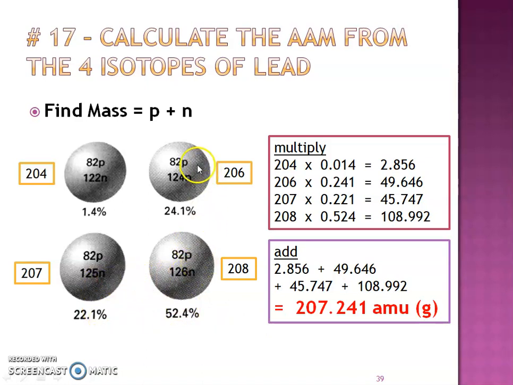Oh, I'm sorry, 206 and 208 really have the more abundance here. If I look at this, 52%, you're still going more towards the 208 versus your 207, because here's our 50% this way. So this one is kind of right in between. A little trickier, but again, it's a checkpoint.